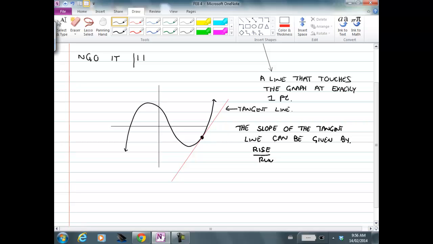That's the slope of the tangent line. Just a simple rise over run. Now, I'm going to make this a bit more concrete, and I'm just going to show you. Let's put a point here. I don't know what this point is. We'll call this point P. I have no idea. We'll call this graph f of x.